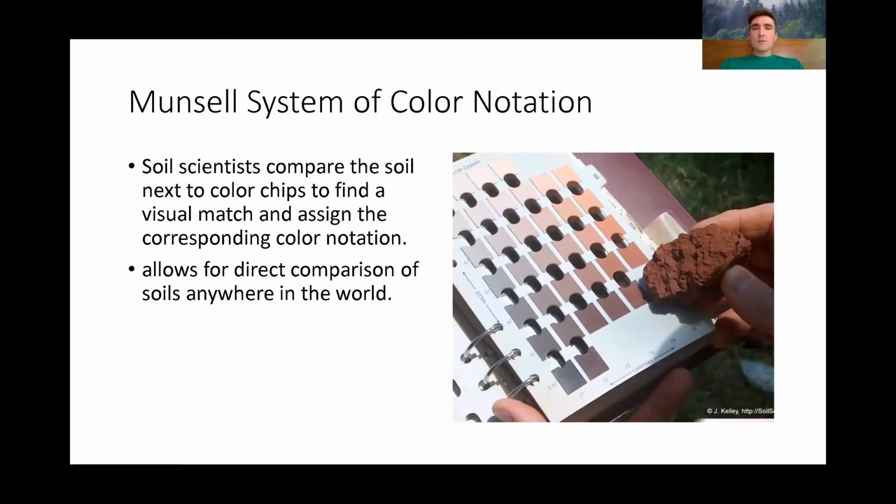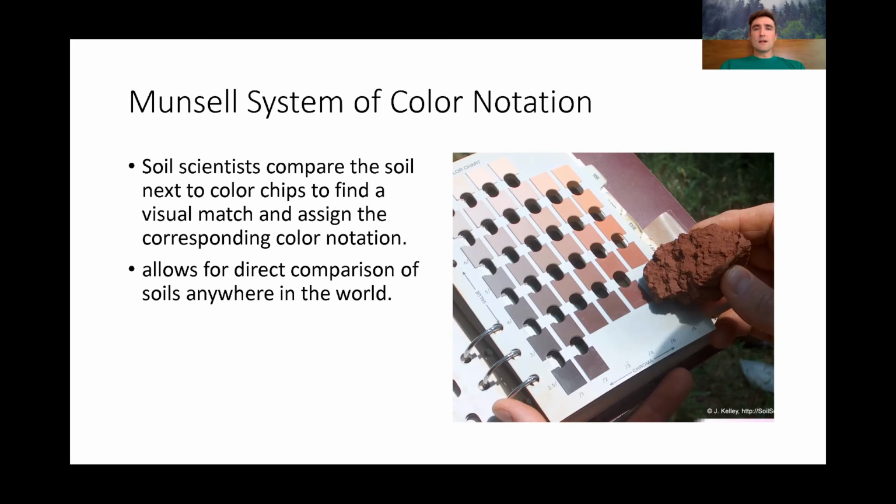So how do we talk about this in a systematic way? Because that's what science is all about. It's about making sure that when I say something, you can copy it, understand it, and interpret it to be very exact and precise. So the USDA needed a system for how to classify soil by color.